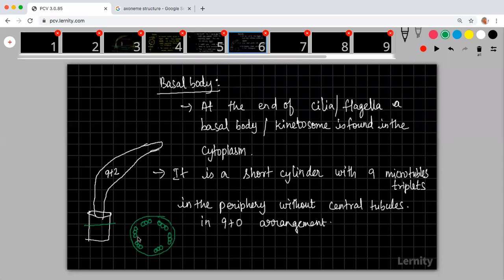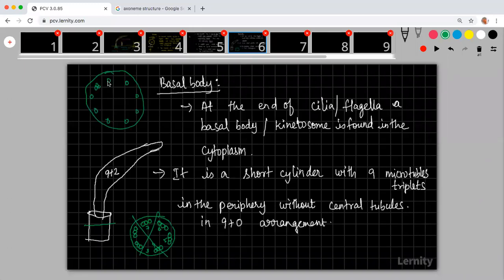How many? 1, 2, 3, 4, 5, 6, 7, totally 9. So basically 9 triplets are arranged. Okay, this is kind of wrong. If you look here, there will be 1 triplet, second, third, fourth, fifth, sixth, seventh, eighth, ninth.